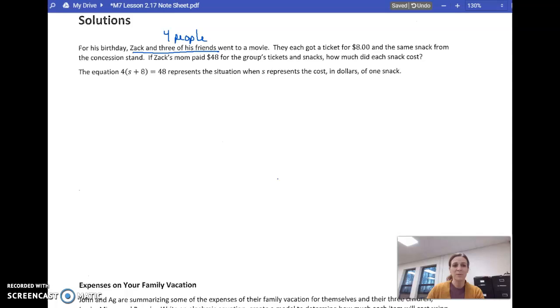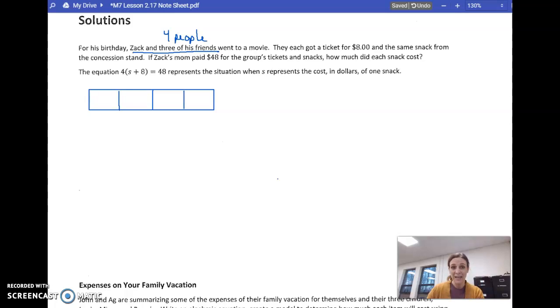If we think of it in terms of a tape diagram, there are 4 people, right? So think back to when we did tape diagrams. We'd have 4 boxes, and this would represent the 4 different people. 1, 2, 3, 4 people.